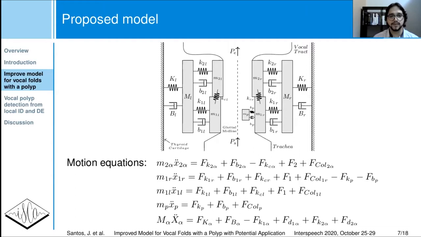So this model we proposed uses the body cover structure and adds an extra mass to represent the polyp. And here we have the motion equations, in which we have equations for forces from the spring, for the damper, for the connection between masses, and also for the aerodynamic forces acting on the masses, on the folds.